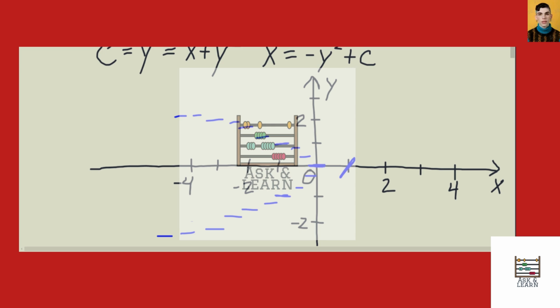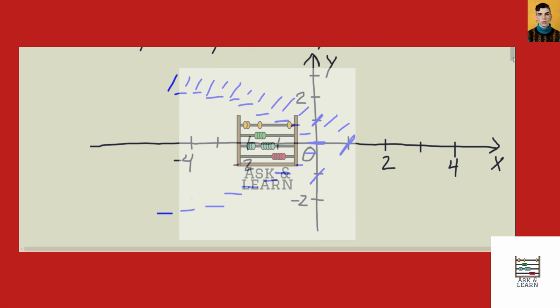We also have the points 0, 1, and 0, negative 1. All along this parabola, points have slope 1. This parabola lies just outside our first parabola.